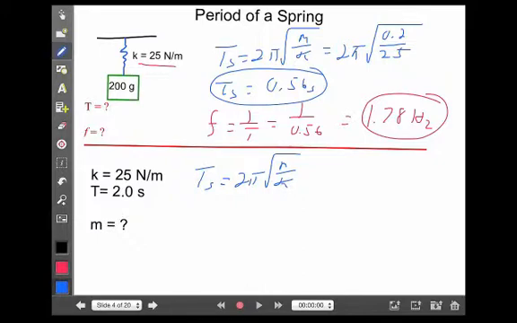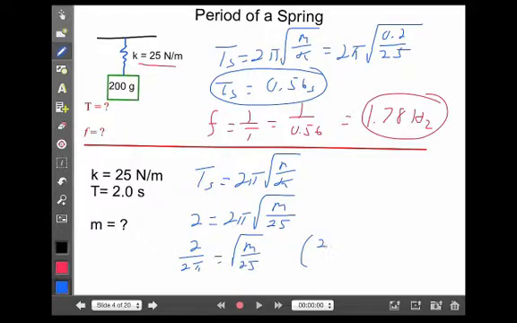Now, if we were to plug in the numbers, we have a period of 2 pi. The mass is under the square root, as is the 25. So algebraically, I divide by 2 pi, and then I square both sides to get rid of the square root.